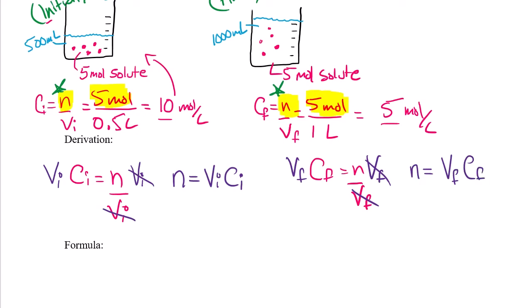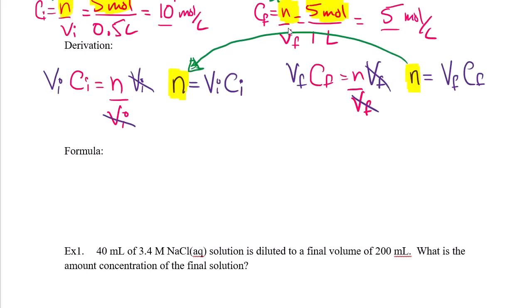And so what I can do then is take this N here and substitute it in for this N over here and build just one formula. So then when we do that, my CI times my VI will be equal to my CF times my VF. And then that's going to be my formula.